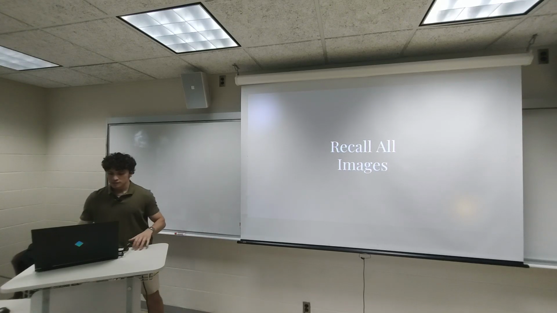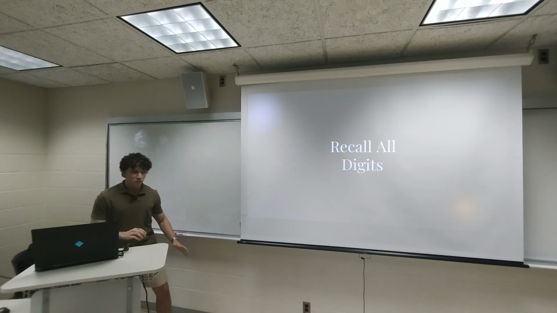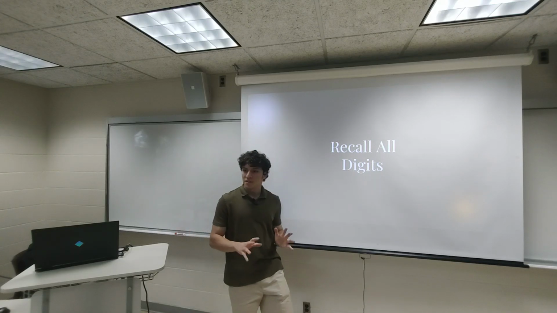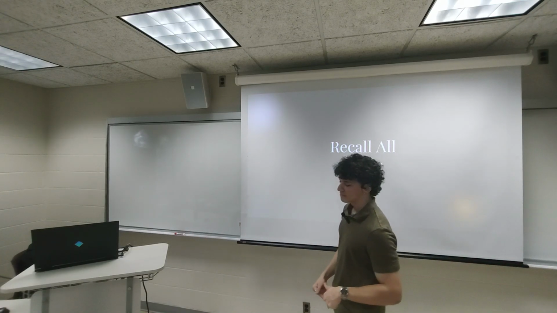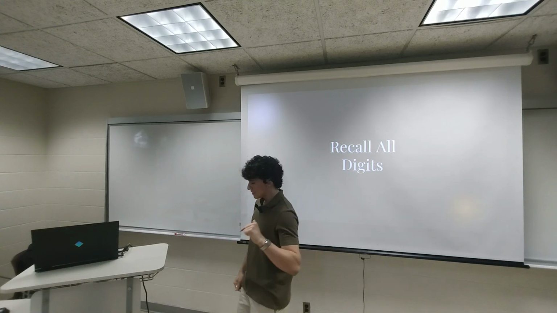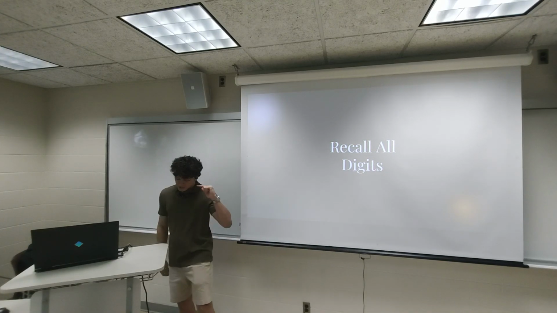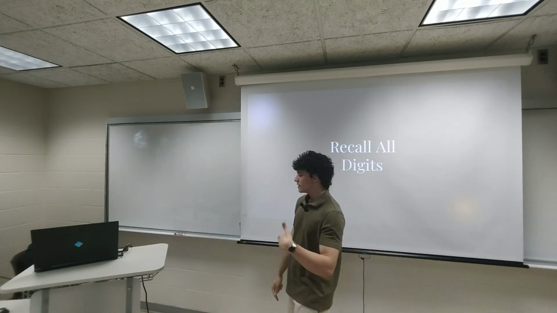Okay. So now let's try to recall the digits instead. Now instead of recalling the images, we're going to recall the digits. Close your eyes. What is the first digit? 1. Next digit? Yeah, 4. The next digit?